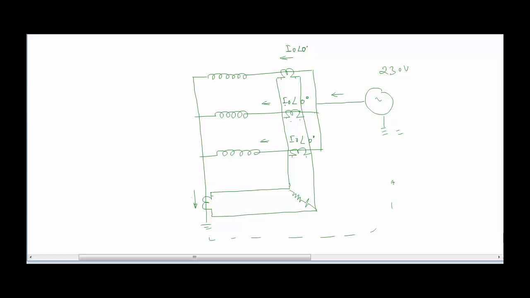So it's obvious that all these three currents are getting added up at this point, and this is flowing this way, taking the path of the ground, and returning to the source. So the magnitude of this current is simply the sum of all these three currents, which is 3 times I0 at an angle of 0 degrees, which I am just marking as 3I0, and this way it is returning, and the magnitude of this current is 3I0.